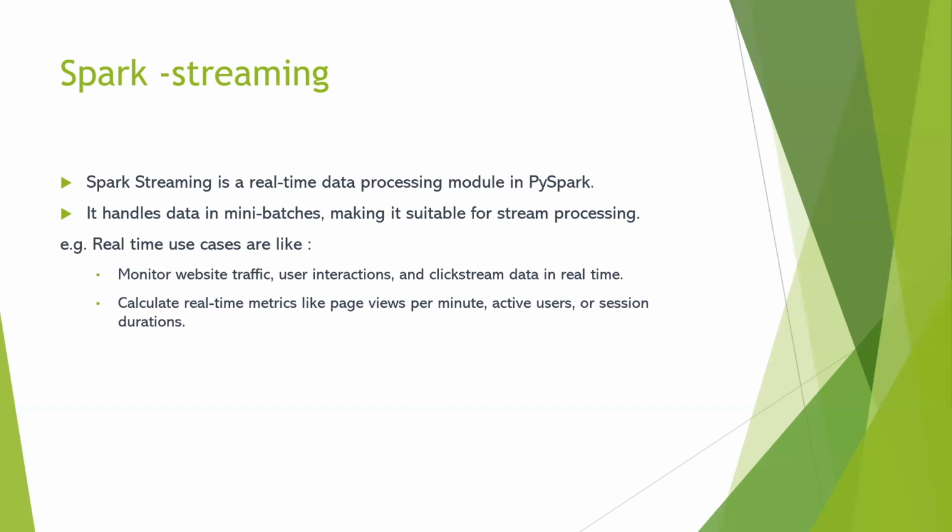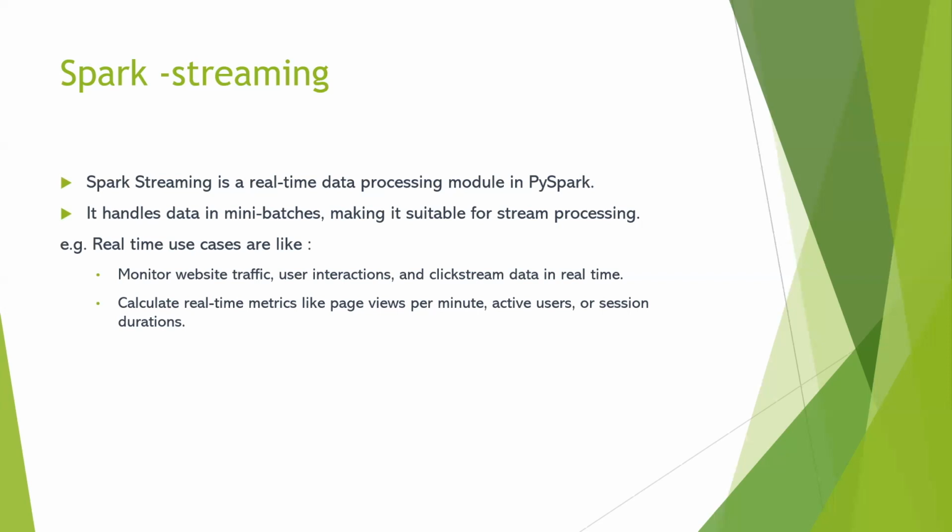Now we will talk about Spark Streaming. That is also a key feature. These days streaming is very important. Spark Streaming is a real-time data processing module in PySpark. Streaming means real-time data is coming, and normally data becomes big data when it is coming live or streaming.